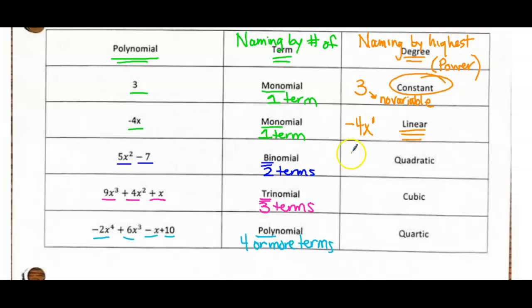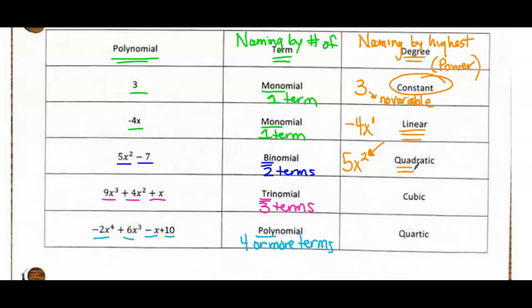The next one has 5x squared. When you see a 2 as the highest power, that is called a quadratic. Quad usually stands for 4, but to the second degree we call that quadratic. And we are going to work with a lot of quadratic equations over the next couple weeks.